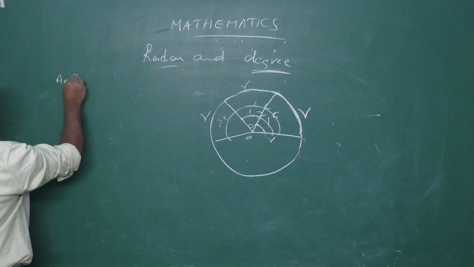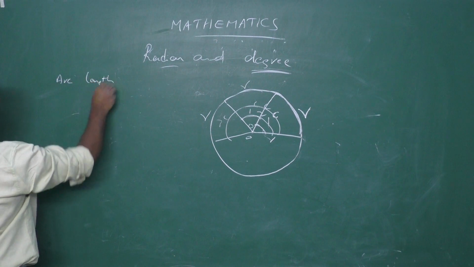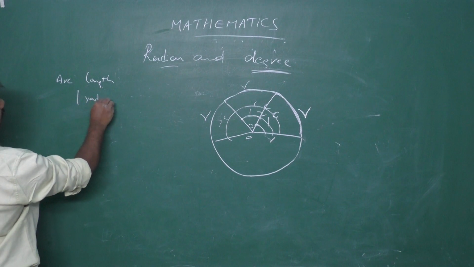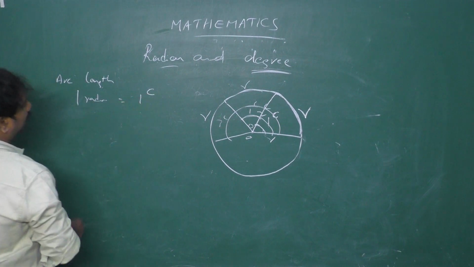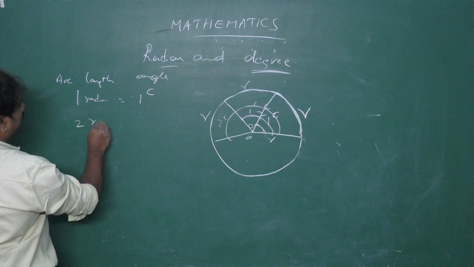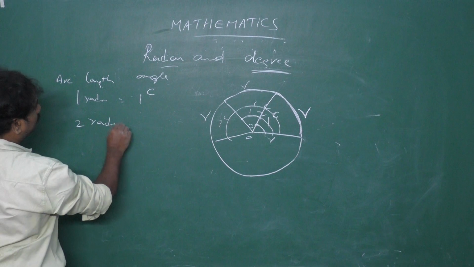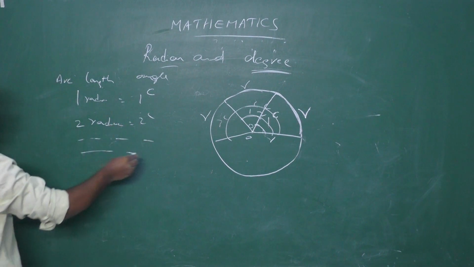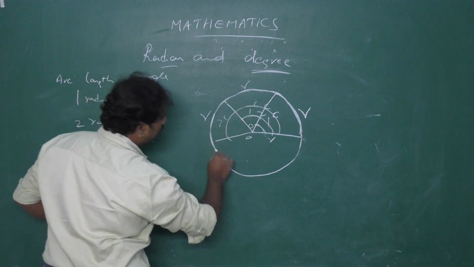So what I am trying to tell you: arc length 1 radius gives angle 1 radian, 2 radii gives 2 radians. In such a way, how much length will the full circle be?